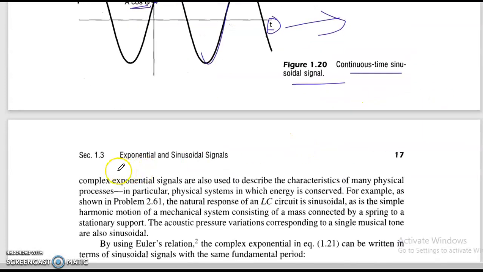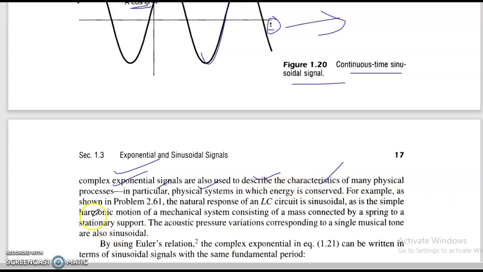Sinusoidal and complex exponential signals are also used to describe the characteristics of many physical processes, in particular physical systems in which energy is conserved.